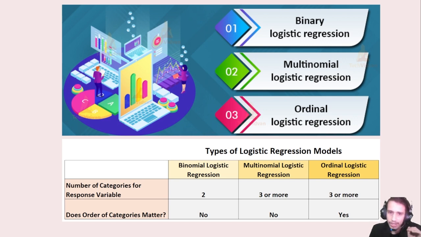But order does not matter in binomial and multinomial, while it matters in ordinal. Binomial means two classes. Multinomial means many classes, more than two, three, four, or many more. Ordinal means order: small, medium, large, easy, hard, normal, etc.